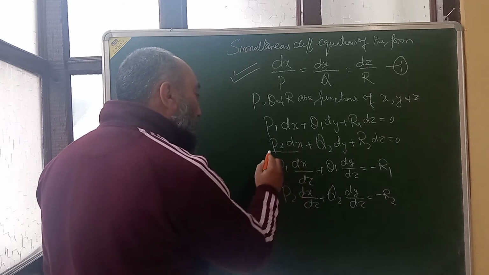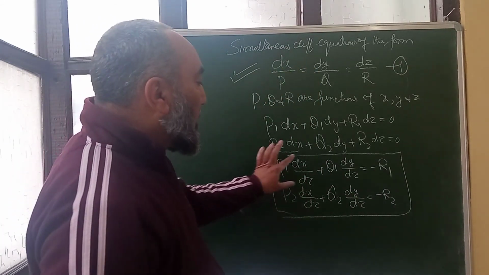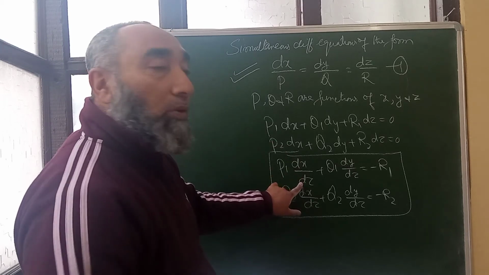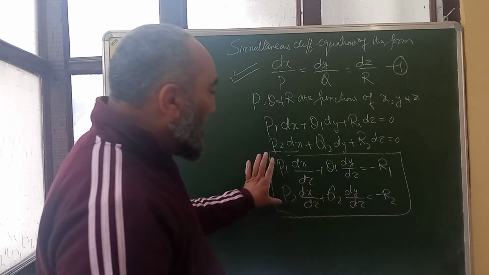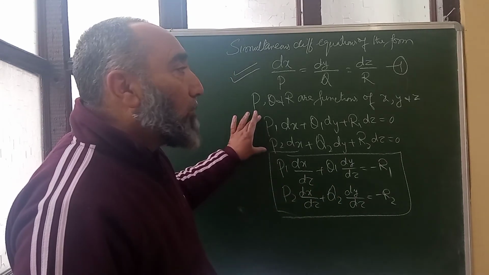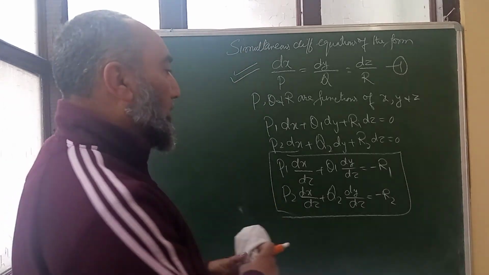Such type of equations you have solved just now. Instead of z, we were having t: dx by dt, dy by dt. So this is the same equation. I have to show that this is the same equation. Now, how? Let me explain.